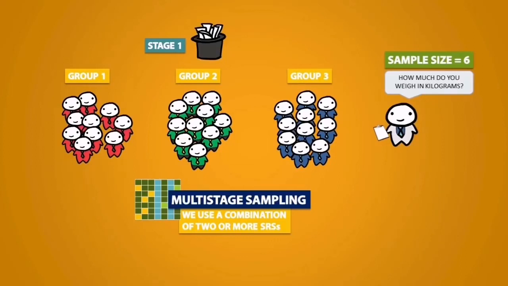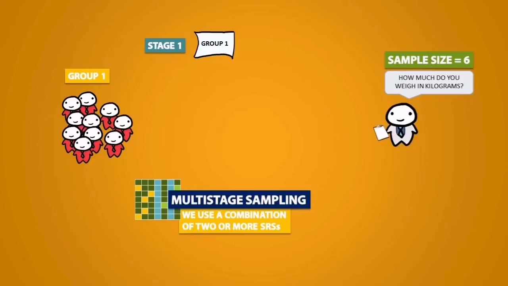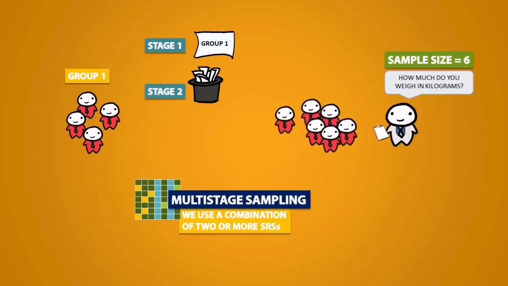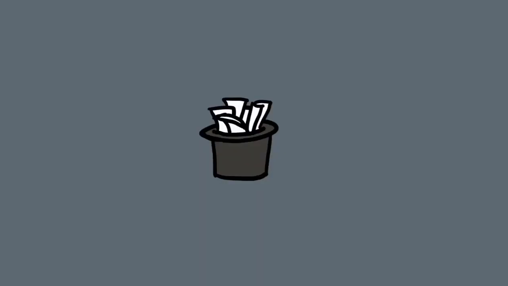Let's say that I picked group 1. Then that means I would only look at group 1. Then for stage 2, I would do another SRS to get the 6 random people. We go through different stages of simple random samples to get the actual sample, and this is why it is called multi-stage sampling.